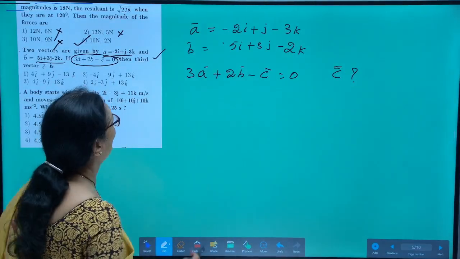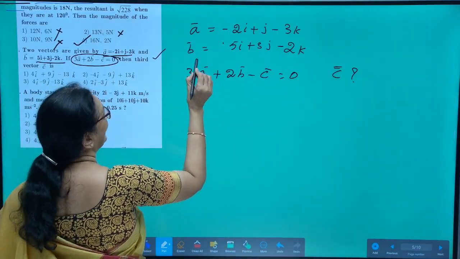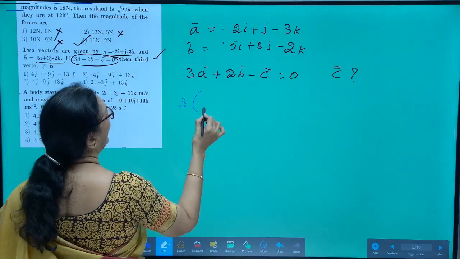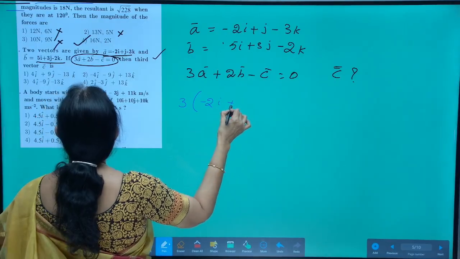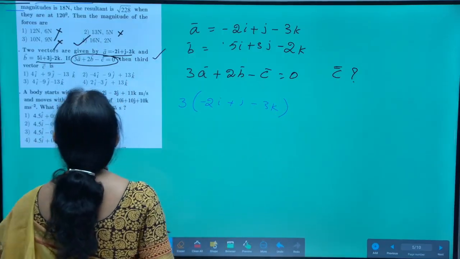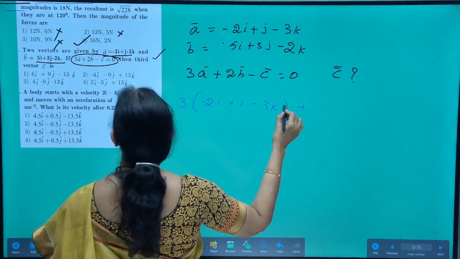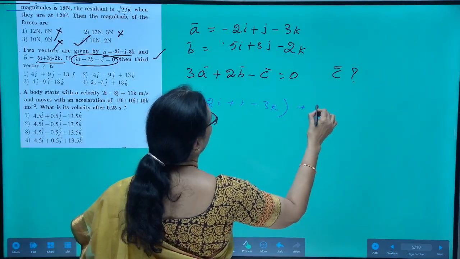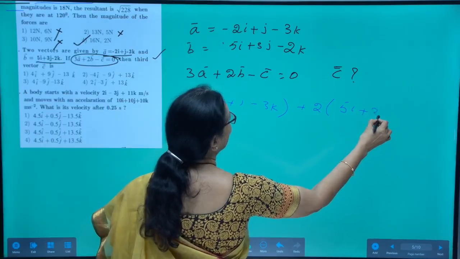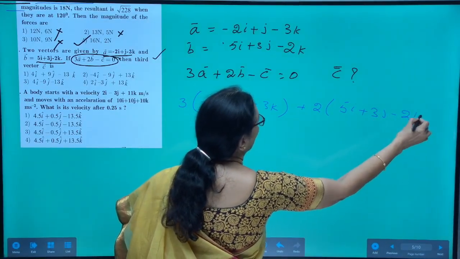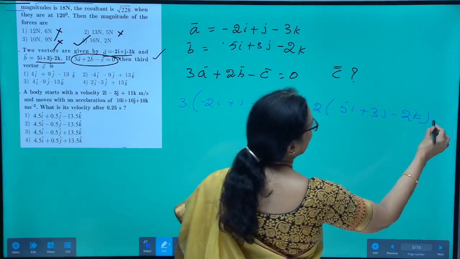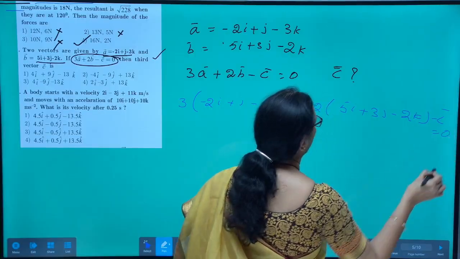Very simple problem, but you have to do this carefully. 3A bar is minus 2i plus j minus 3k, plus 2B bar, 2 into B bar is 5i plus 3j minus 2k, minus C bar is equal to 0.